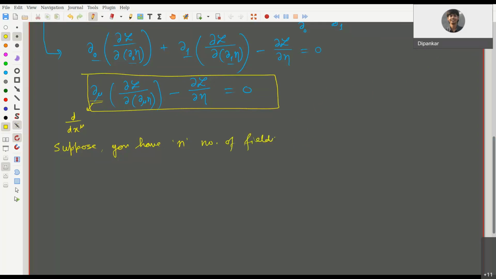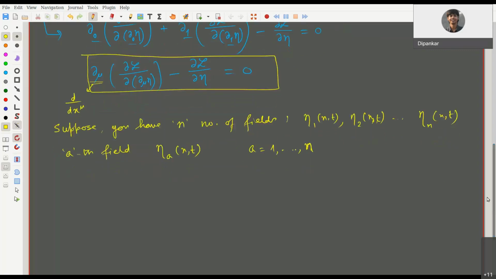So those fields are, say, eta 1(x,t), then eta 2(x,t), and so on, up to eta n(x,t). So you have n number of fields, and for, let's say, the a-th field, denoted by eta a(x,t), a can take any value from 1 to n.